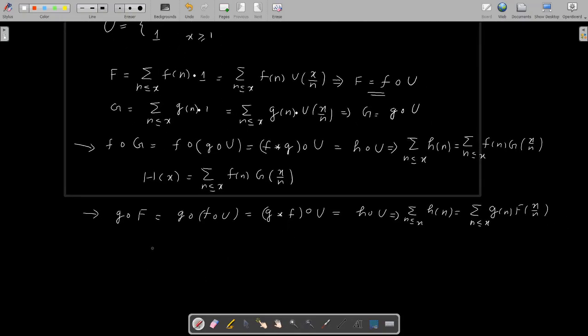By translating that, you can get H of x again, that is equal to sigma n less than or equal to x, g of n, capital F of x by n. This is our result. So these are the two statements you have to prove.